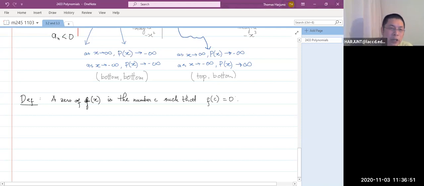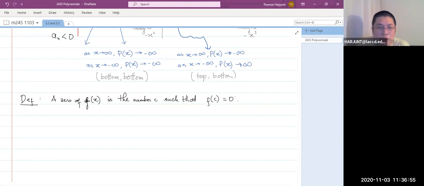So the idea of a zero is not only for polynomials, it's for a lot of other functions. It doesn't have to be a polynomial. It can be other functions. And if you plug in the c and the output is 0, then you call that c a zero.